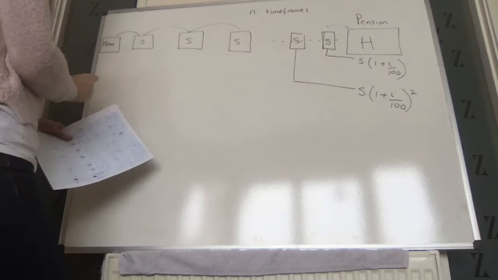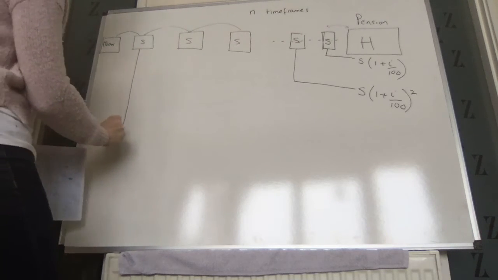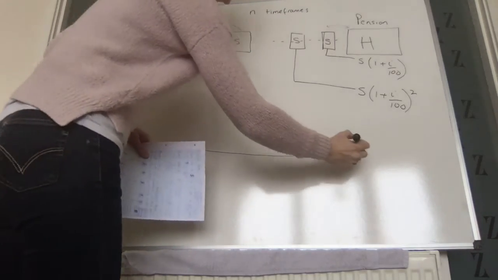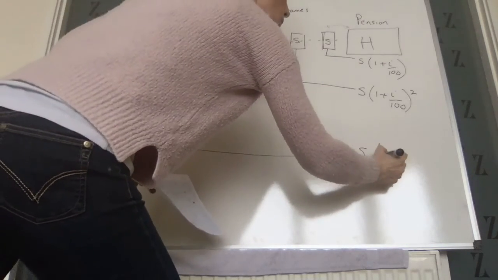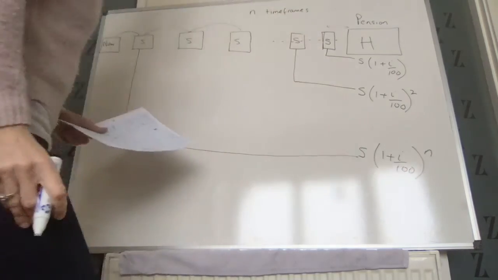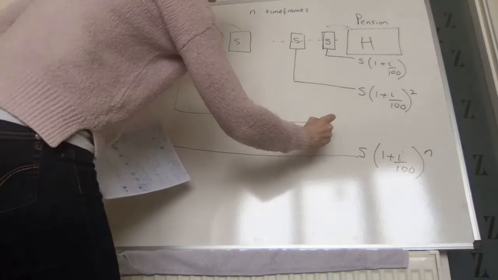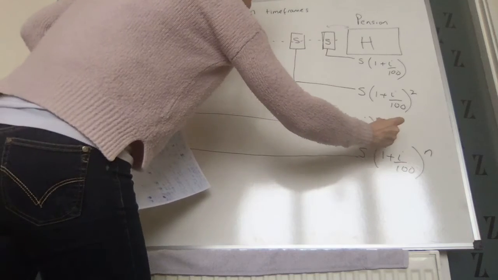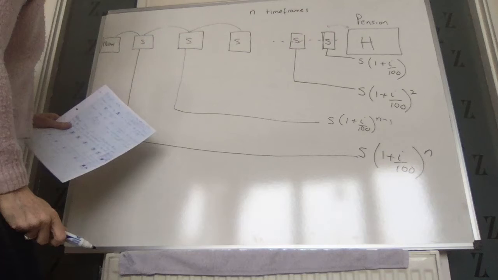Going all the way back, this S, which will have been in for N time frames, will have the value of S times 1 plus I over 100 to the power of N. This one, if you wanted to work it out, would be S times 1 plus I over 100 to the power of N minus 1, because it will have been in through N minus 1 time frames.